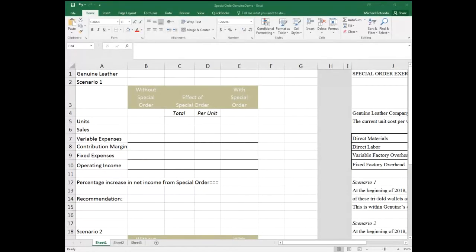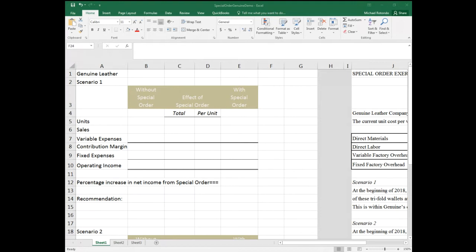When it comes to short-term decision making, we can use the contribution margin format to analyze whether some of these decisions will have a positive or negative impact on our business. We also have to look not only at the numbers, the quantitative side, but also the qualitative side.